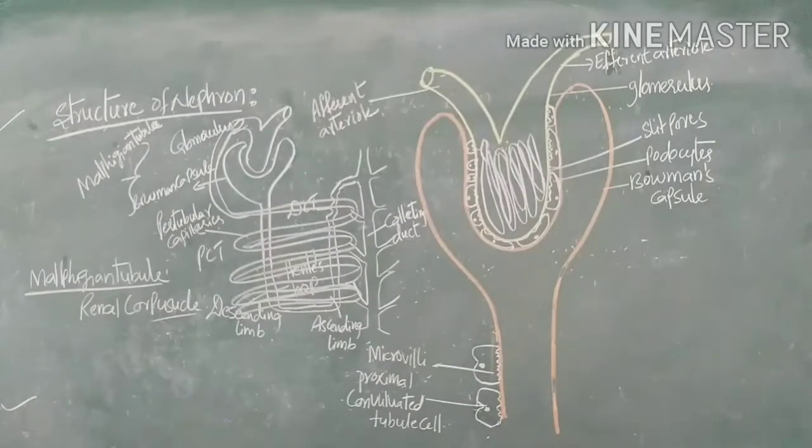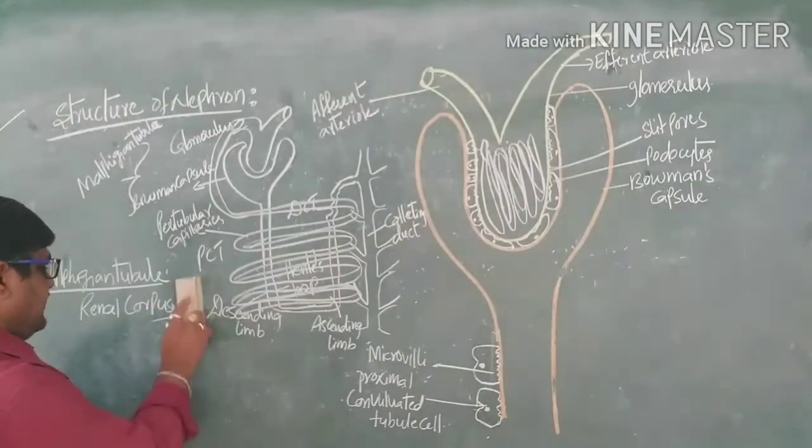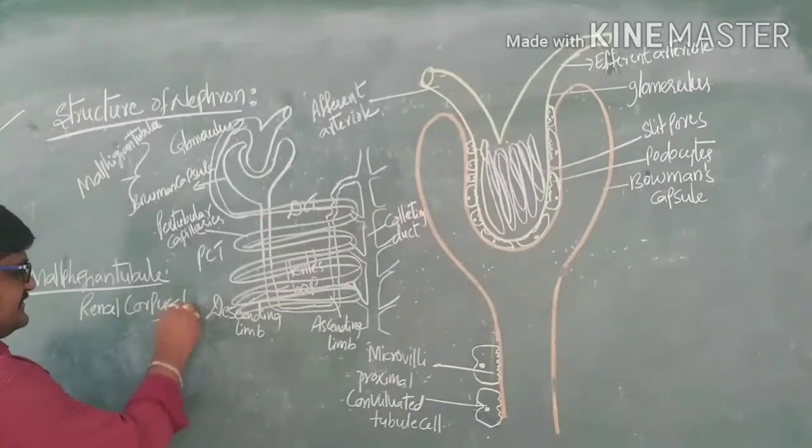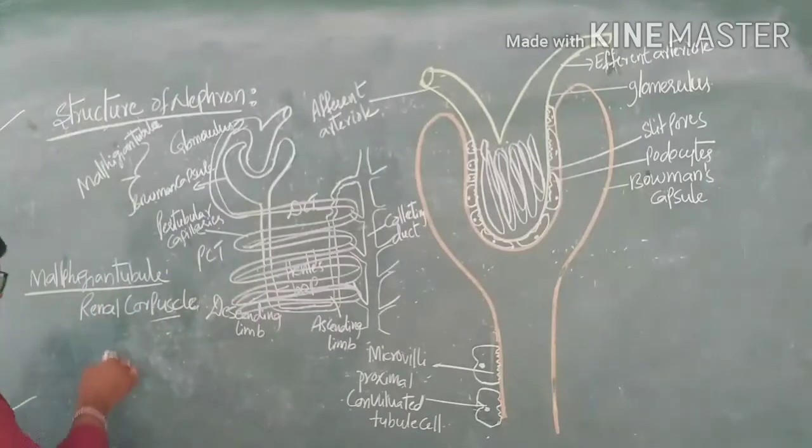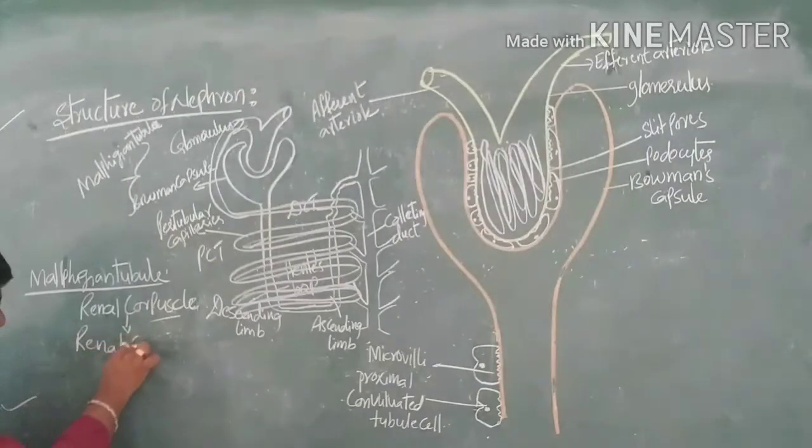Here it is called the renal corpuscle, and it is present in the renal cortex.